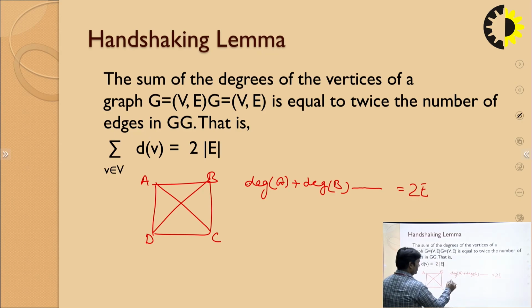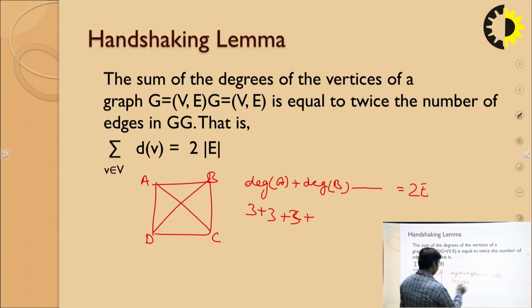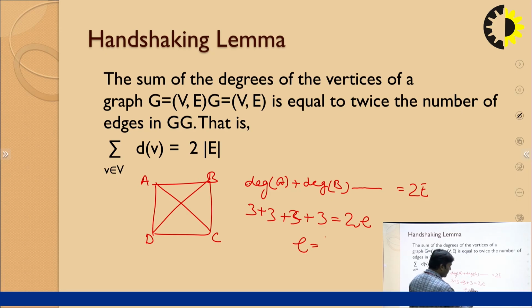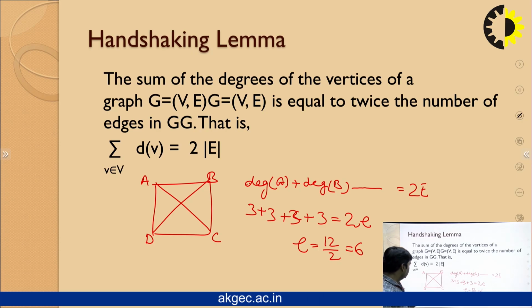Here degree of a is 3, b is 3, c is 3, and d is 3. So 2e is 12, which means e equals 12 upon 2, that is 6. This topic was already covered in the previous lecture, so we don't need to go into detail.